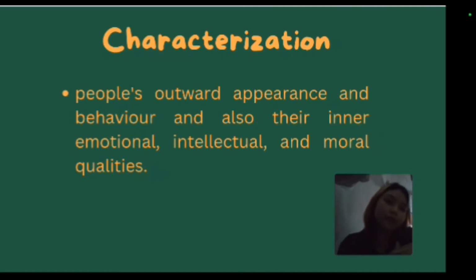Actually, we have done characterization in our other subjects during our second year. We have to characterize what is the behavior of this specific character.